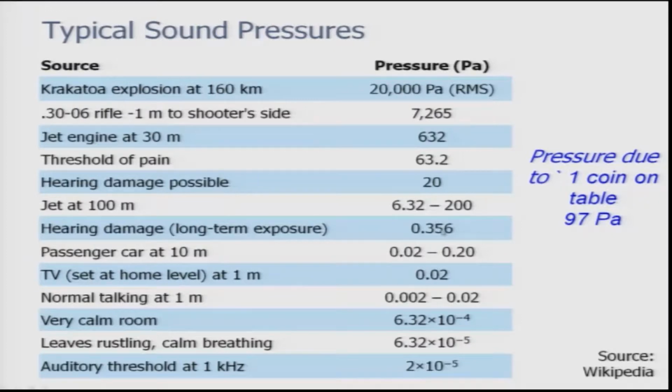So, what this means is that our ears are very sensitive devices. If the ear gets exposed to more than 20 pascals of pressure, then we may have immediate damage to the ear. This damage, when it is 0.356 pascal, happens with long term exposure. But if the pressure exceeds 20 pascals, then our ear may get damaged right away.